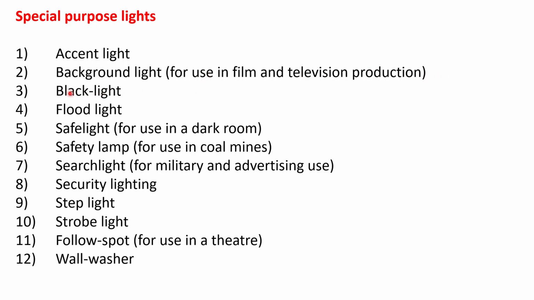Third is black light, floodlight of many different categories. Safe light for use in a dark room. Safety lamp for use in coal mines. Searchlight for military and advertising use.